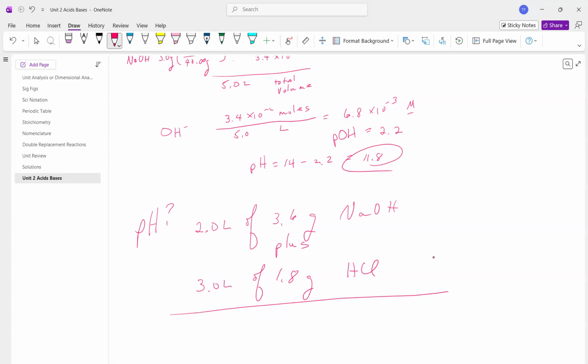And you just divide by the rest of the volume. Take this number, and 14 minus that, because this is the pOH. Let's follow along. This is 2.08.